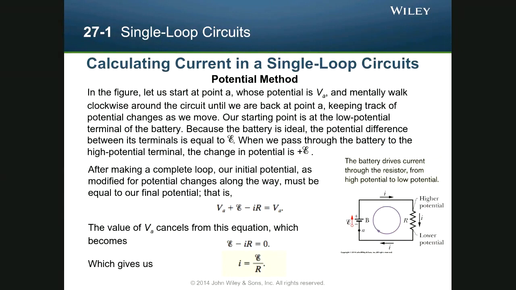We have the same circuit with our EMF battery, our ideal EMF battery, if you will, and our current. But you'll notice that we go around the circuit. We're going to go from A, go around the circuit, and go to A, and we're actually going to analyze each of the circuit elements. Okay? So now let's talk about how we do this.